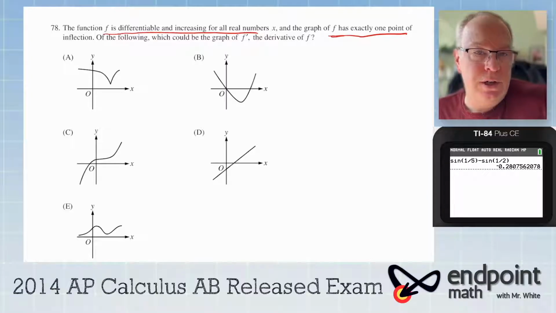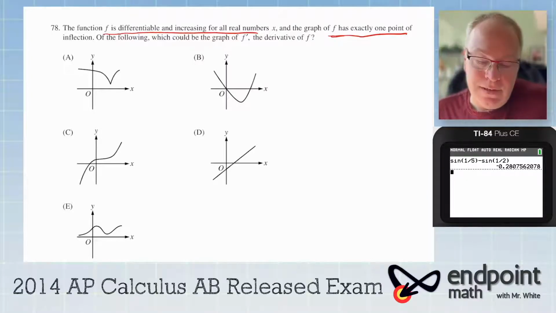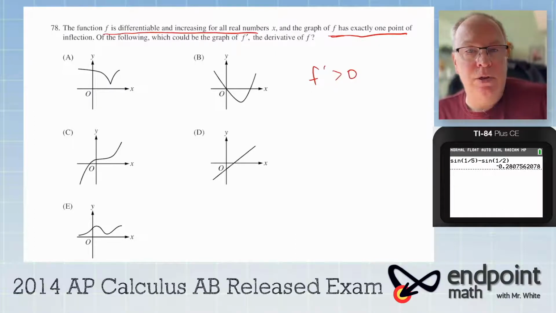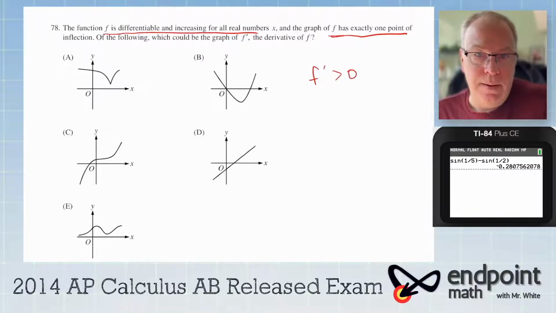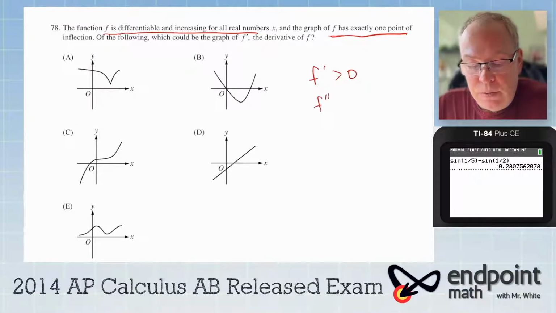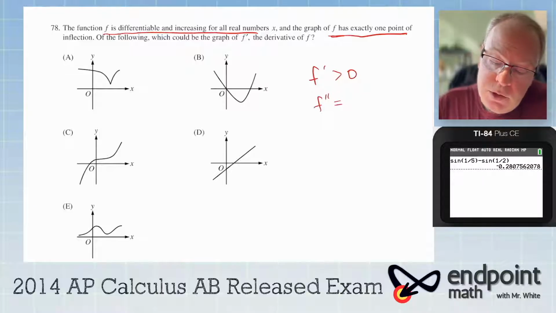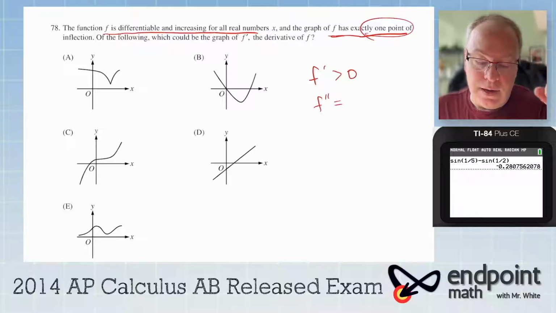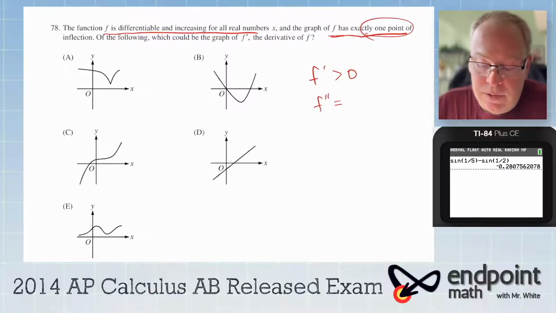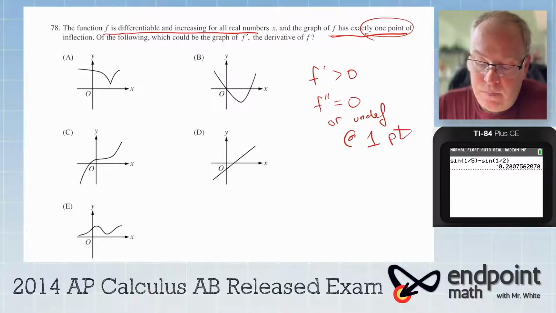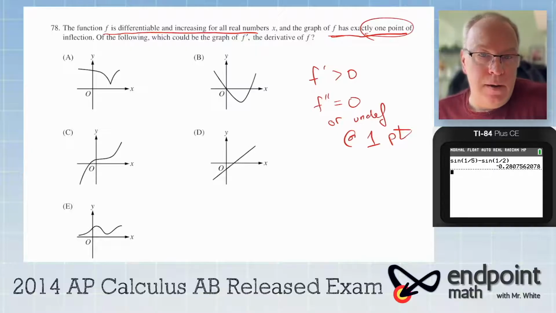So what I would suggest when you see it, when it says f is increasing, just write this down immediately: the first derivative is always positive. Okay? Now, what happens at inflection points? It says we have exactly 1 inflection point. So my brain thinks, all right, so the second derivative is 0 or undefined at 1 point. All right, so I'm thinking about all that.